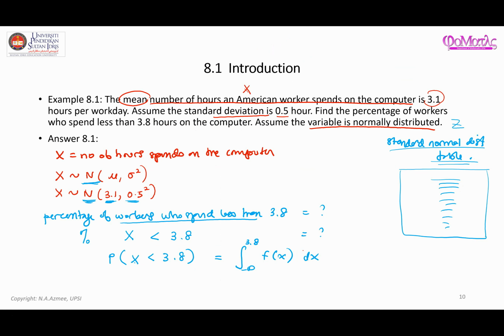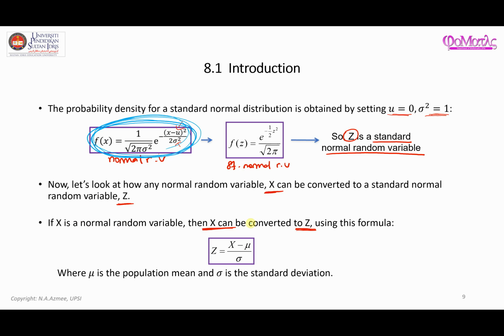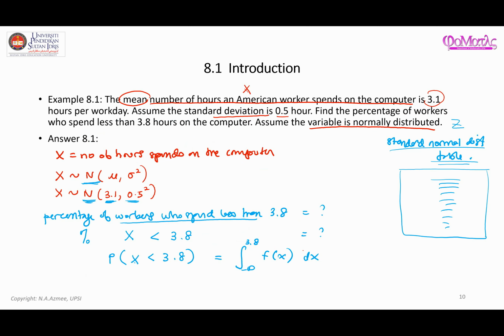So in order to use the table, you need to convert a normal random variable, so x here is a normal random variable, to a z random variable. So that's what we're going to do. We are going to convert that.